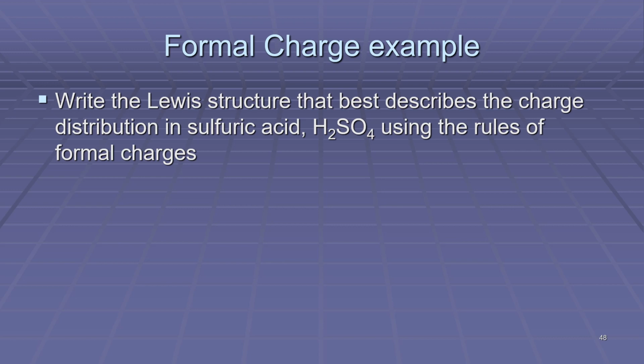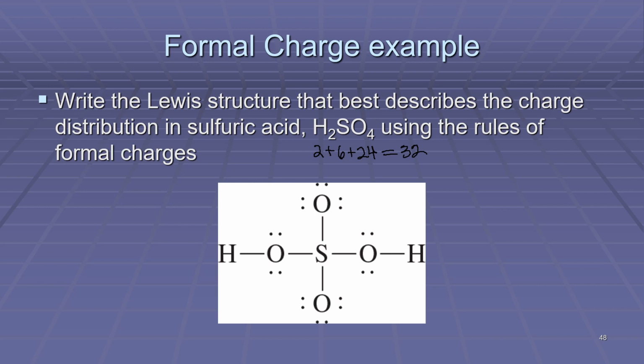Let's draw the Lewis structure that best describes the charge distribution in sulfuric acid using the rules of formal charges. So first, let's go ahead and figure our valence electrons. 6 times 4 is 24, so that's a total of 32 electrons. Now this one you might not understand how to, I would probably give you a little help, but that's why we're doing it in the lecture.